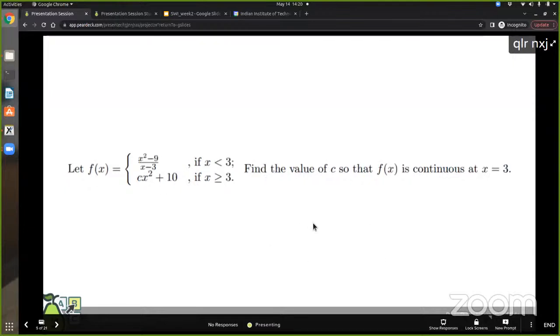All right, let's move on to the next question, which is also similar. Now, let's see whether this function is, no, this function is continuous. Let's find the value of c.